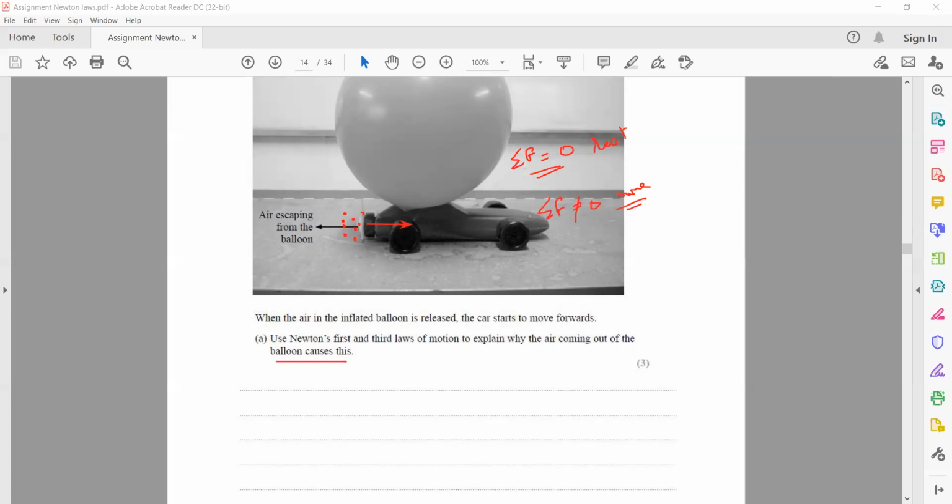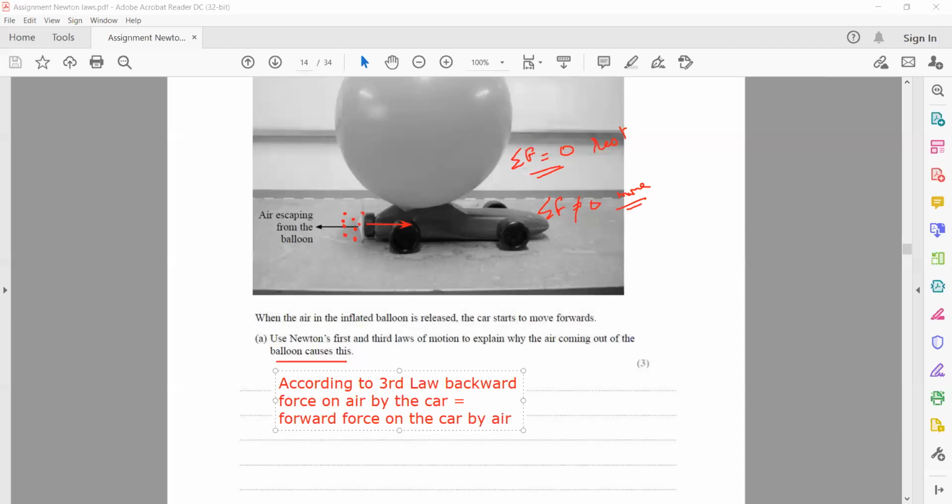According to Newton's third law, the backward force on the air by the car is equal to the forward force on the car by the air.